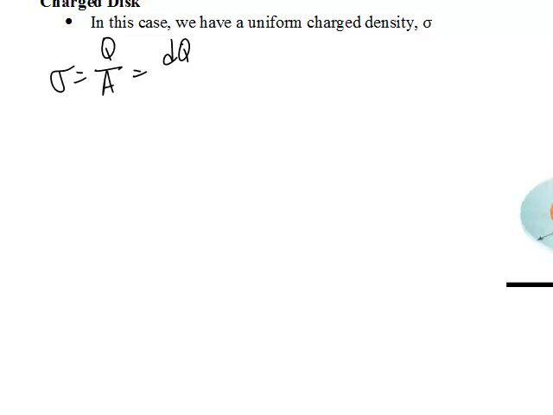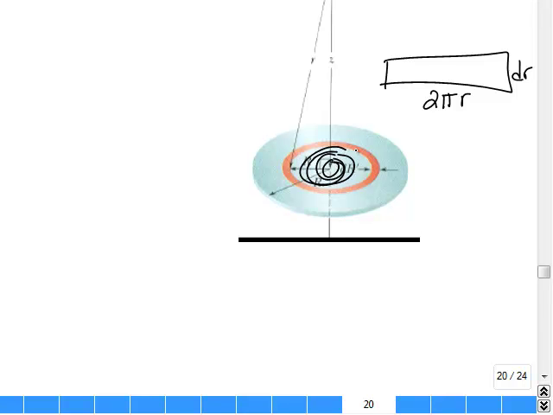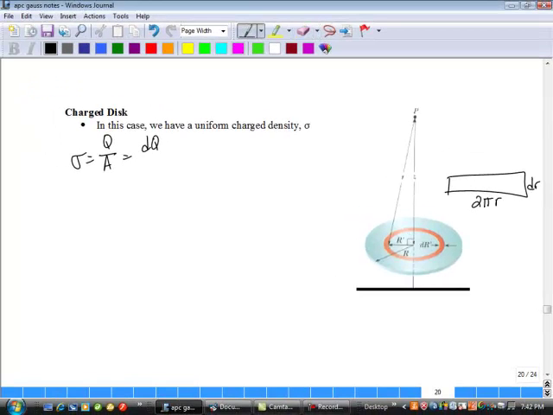If I take this little red slice and I break it apart, hopefully you can see that this is going to be the circumference 2 pi r times my dr. And what's going to happen is I'm going to take all of these little bitty slices and add them all up. And so we'll integrate from 0 to a capital R, which is the radius, and we'll just keep adding all these little bitty slices as we go.